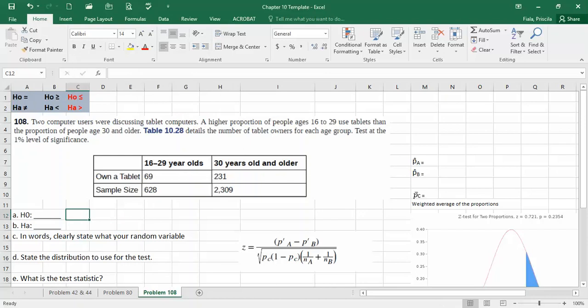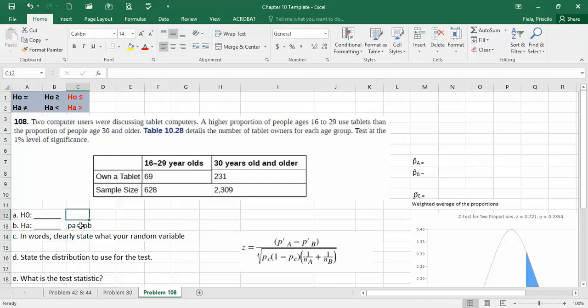Therefore, for your null hypothesis, well, let's start with the alternative. Your alternative hypothesis is going to be PA. Instead of putting P1, I'm just trying to keep it consistent with this formula right here. It says that PA is higher than PB. Why did I start with the alternative hypothesis? Because there is no equality sign, and the only ones that do not have an equality sign are right here in the alternatives.